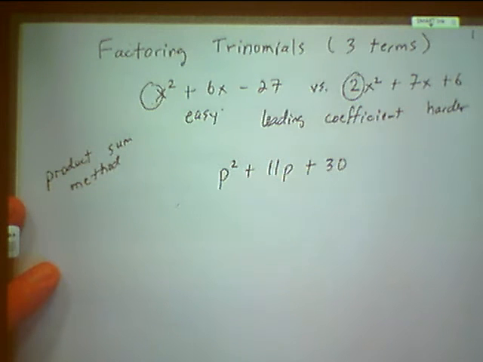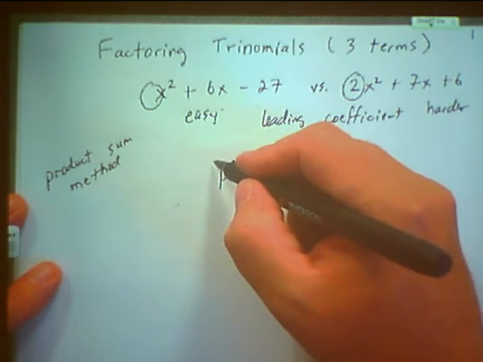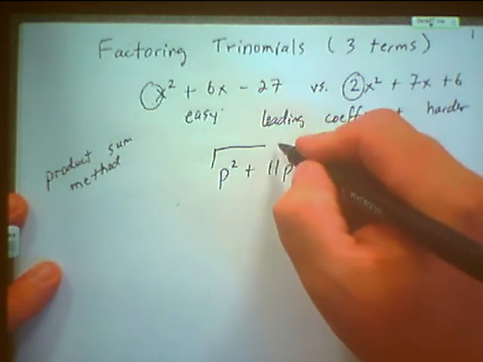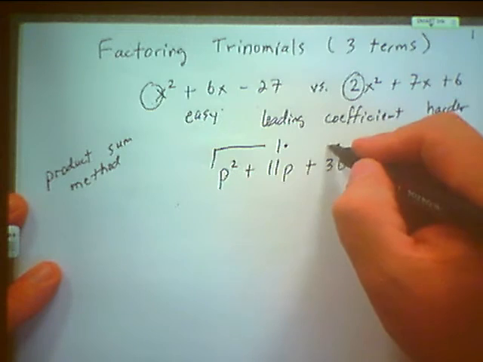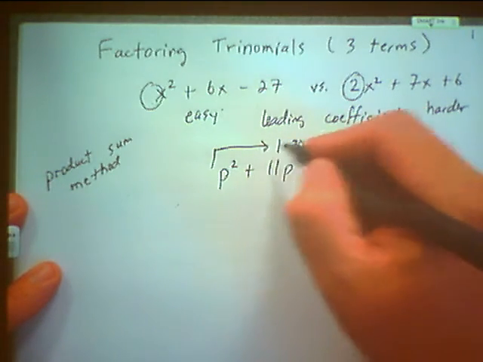The product means multiply, right? So what I'm going to do here is take the coefficient in front of my squared term, which is a 1, and multiply it by my last term, which is a 30.